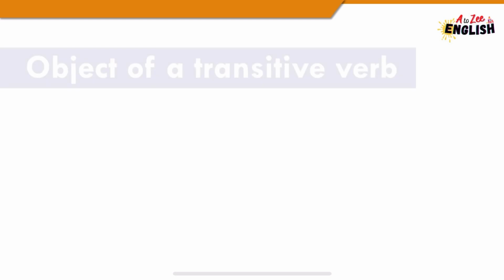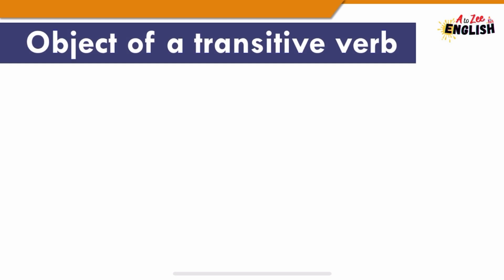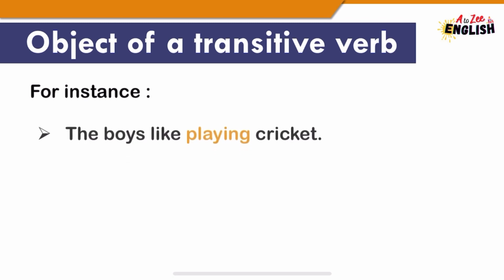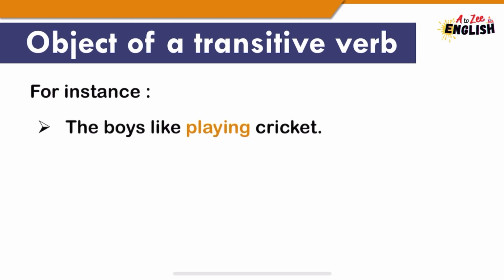The next usage is object of a transitive verb. For instance, the boys like playing cricket. Here, like is the main verb and playing is the object of the transitive verb. So it is a gerund in the sentence. Same with the example, he likes reading novels.